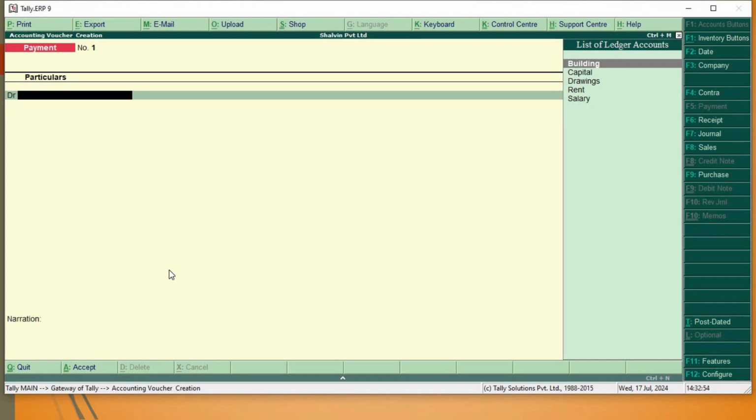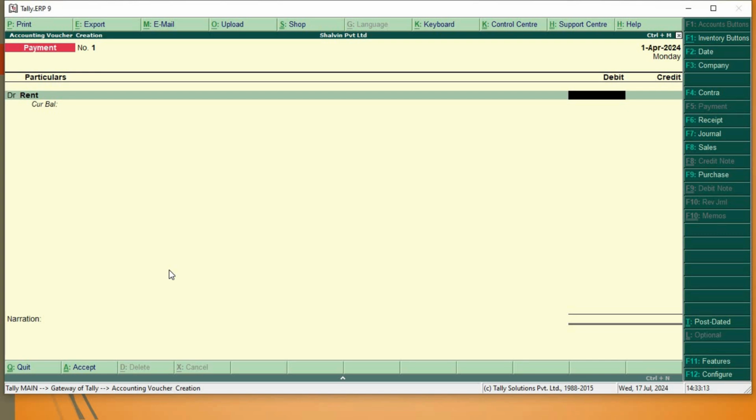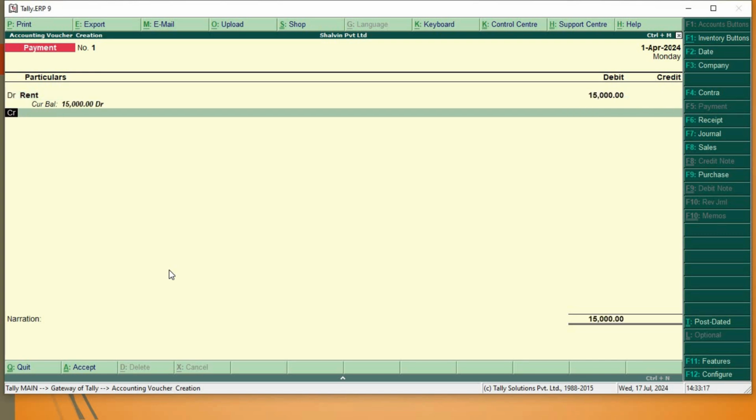So debit side, so as I said, in payment and receipt, one side will always be cash or bank. So one side it is fixed, that is in payment voucher, always credit side will be cash or bank. The other side we have rent, debit side rent. What is the amount? It is 15,000.